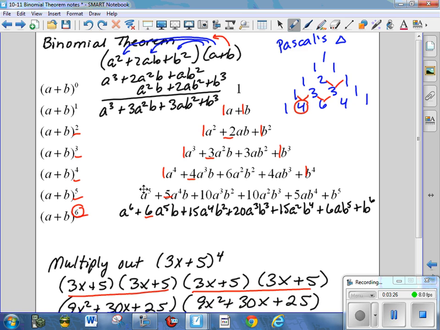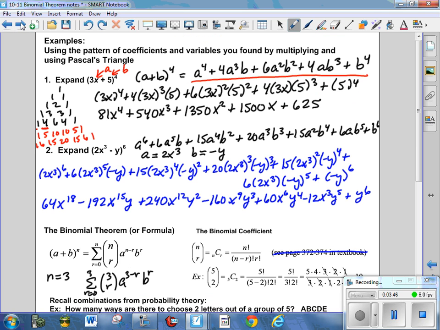You start out with r being 0, then r is 1, then r is 2. So 5 is your n, and you're on term 2, because you count up term 0, 1, 2, 3, 4, 5. So that's the way that part of the formula works.